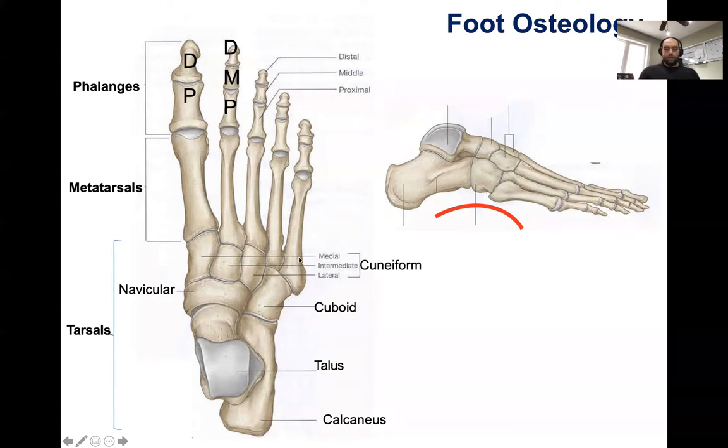Okay. The reason I pointed it out is because it's often implicated in injury, specifically what we call an avulsion fracture of a bone. There are many different ways you can fracture a bone.